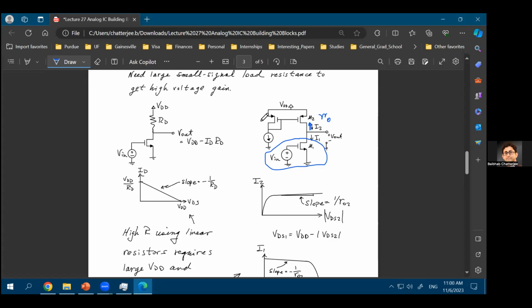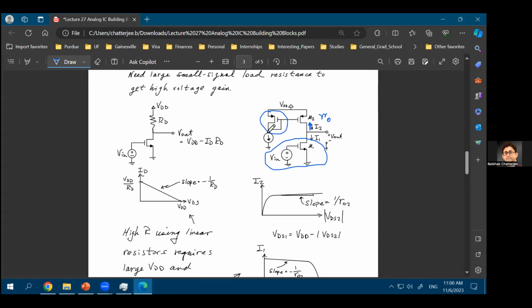So you have a current mirror on this side, and you're using the same gate voltage of the current mirror on this side as well. Now you know that if you have a diode connected transistor, it's always in saturation, because gate to source voltage is equal to drain to source voltage.